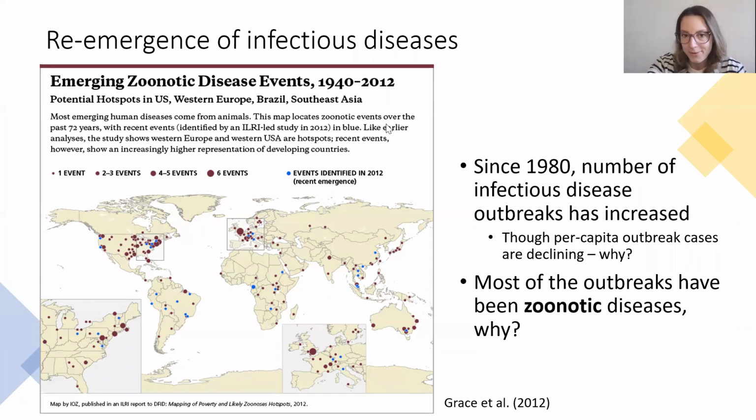So better management, I'm going to interpret that as better management of the outbreak itself, which means that maybe we're following more strict quarantine protocols, for example. That could definitely lead to better containment of an outbreak, which would result in fewer per capita outbreak cases.